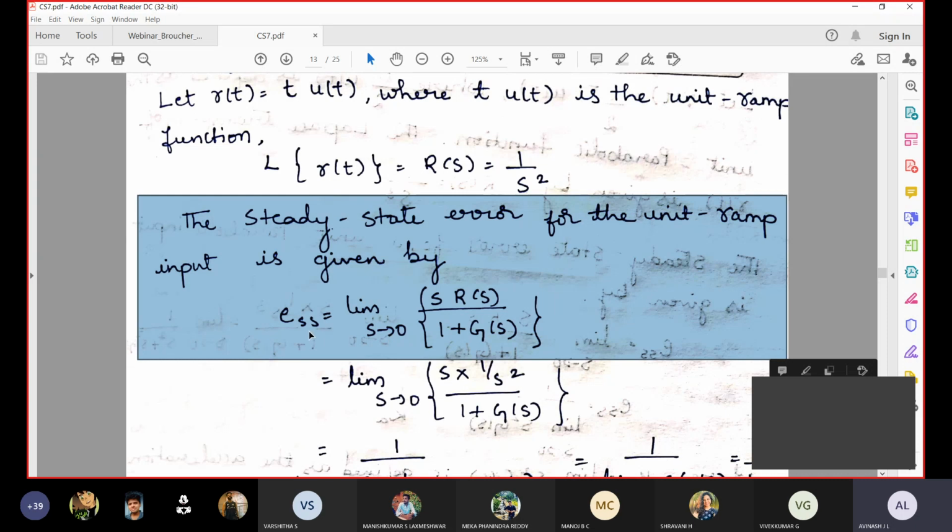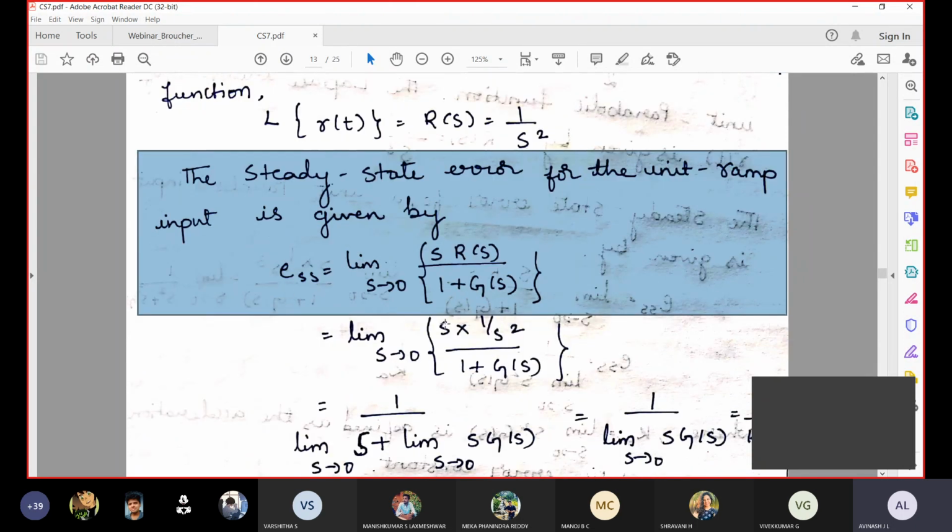The steady state error will be equal to limit s tends to 0, s into R of s divided by 1 plus G of s. Now R of s is 1 by s square, so we get limit s tends to 0, s into 1 by s square divided by 1 plus G of s.